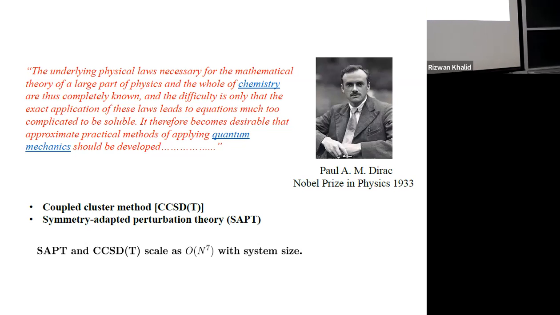For n number of electrons, their cost goes to the 7th power of the number of electrons. So if you double the number of particles, the cost would go up by 128 times.